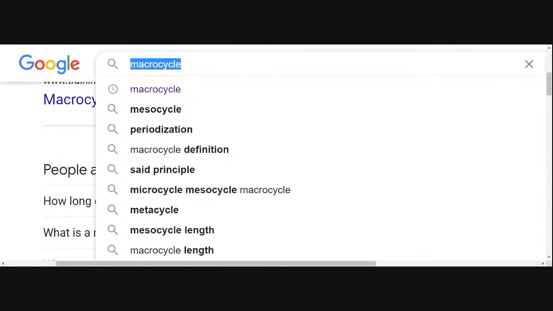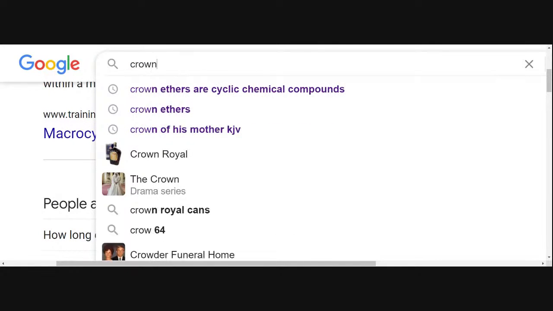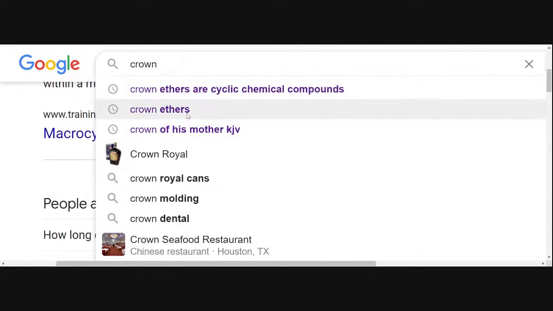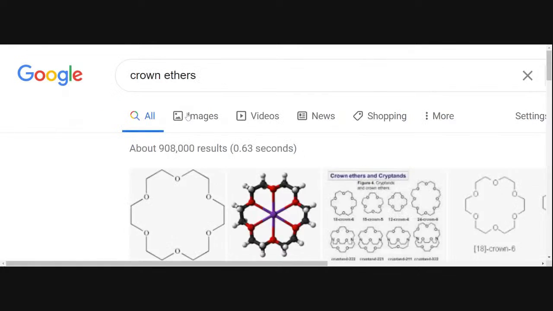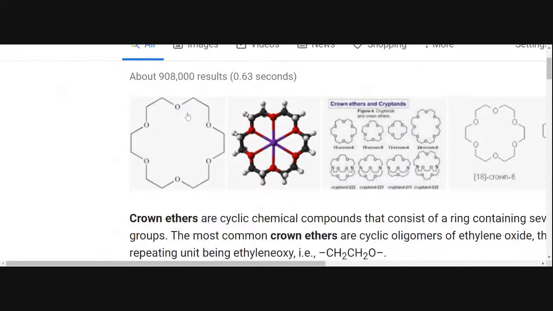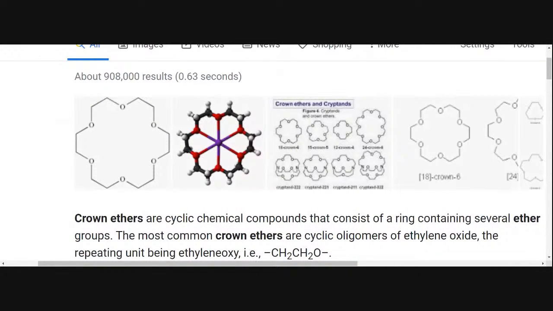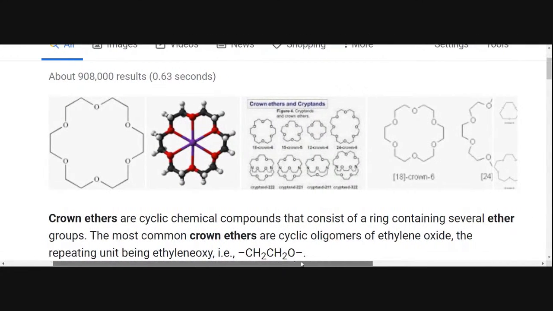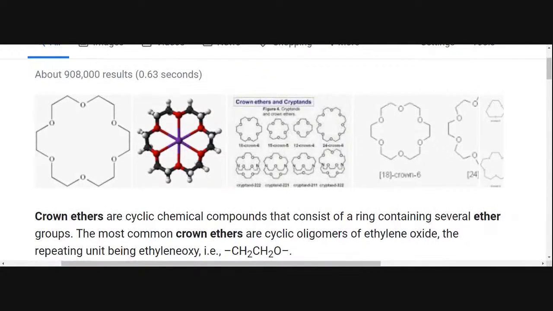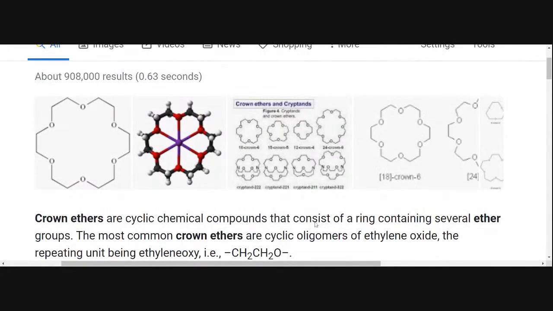Crown ethers. Okay. Now, this is a picture of the crown ethers, which is the same thing as the porphyrins, which is the same thing as pigment, and this is how it's shaped. These are the shapes of it. Okay, so crown ethers are cyclic chemical compounds.